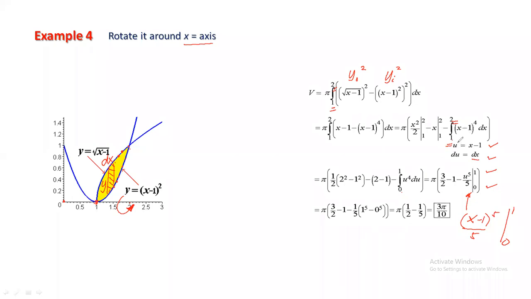If you don't use the u equal to x minus 1 substitution and du for the dx, then expand this and use the power rule. Then you can stick with the original set of limits, which is 1 to 2. But if you intend to use this substitution equation, u equal to x minus 1, your limits have to change.